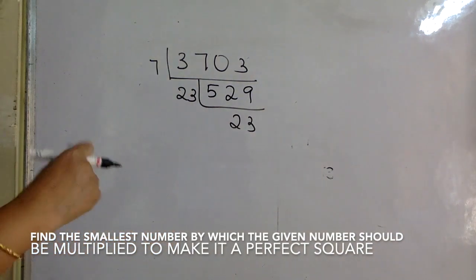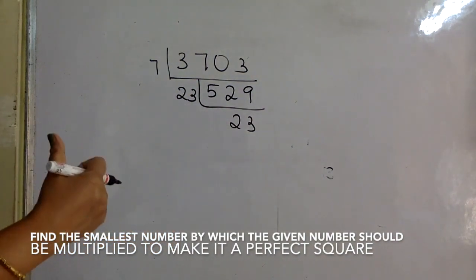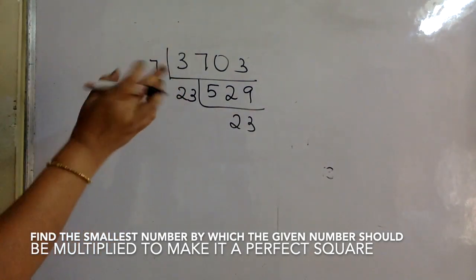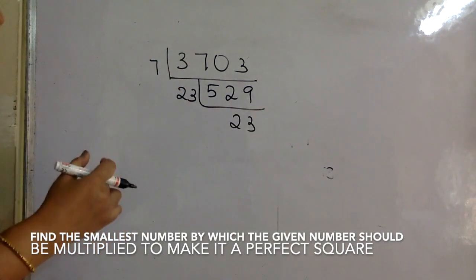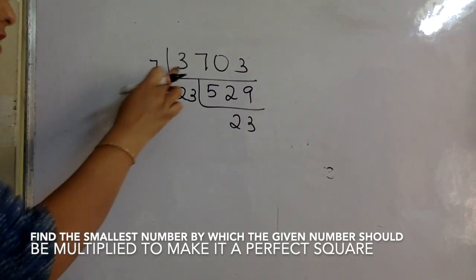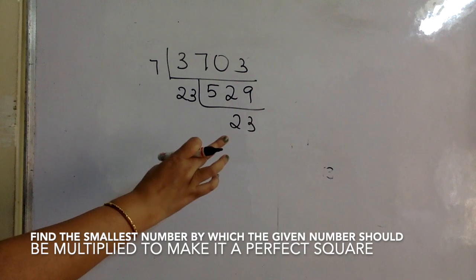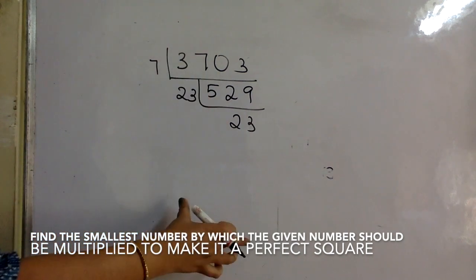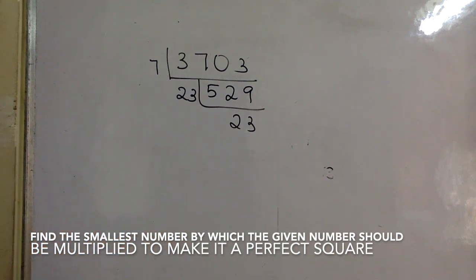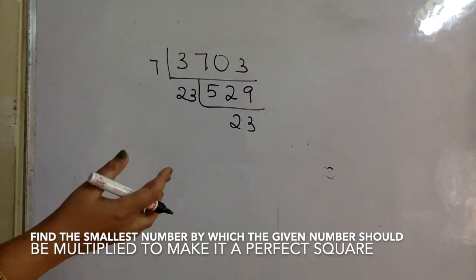Now the question did not tell us to find the square root. The question told us to find that number which when multiplied with this number makes it a perfect square. Now don't you think that if I multiply this number with another 7, then when I do the prime factorization, it will get another 7 in the prime factors, because I have multiplied it with a 7.